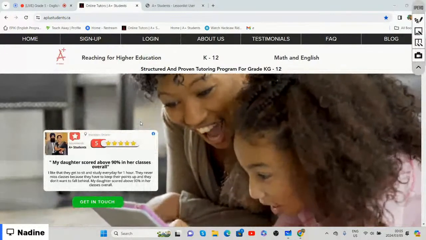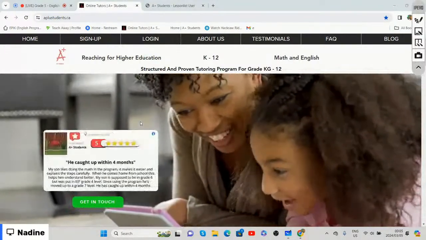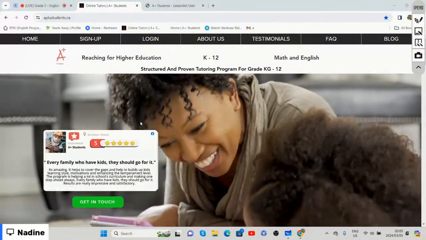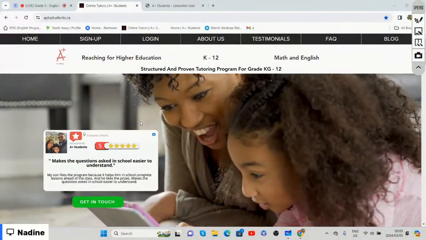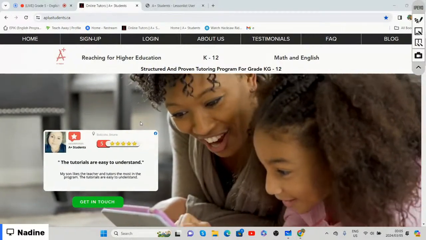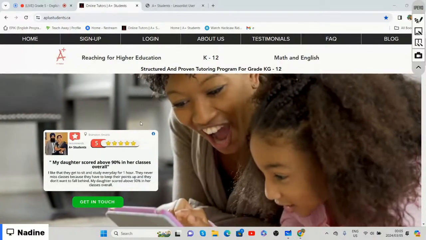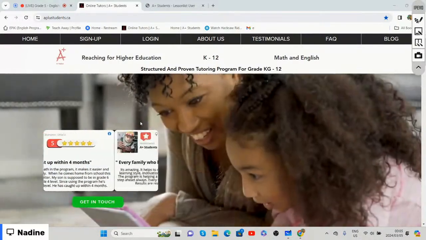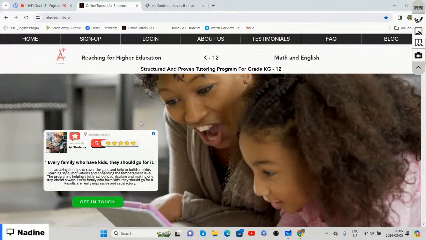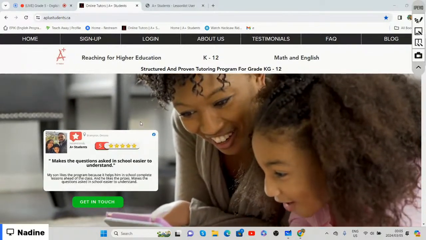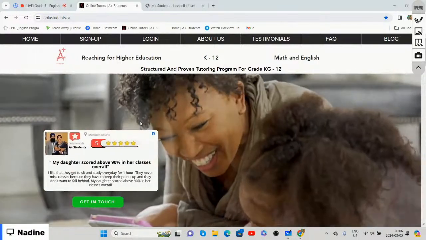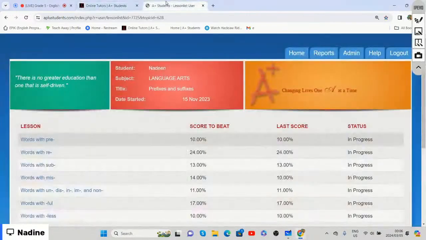Once we have logged in with our username and password, we're going to select the subject of language arts, grade 5, and then scroll down until we get to our chapter of prefixes and suffixes.